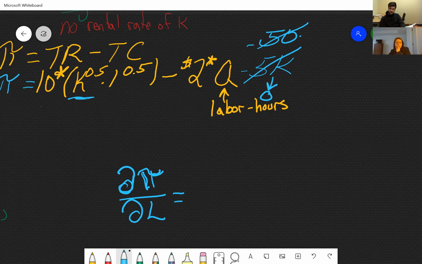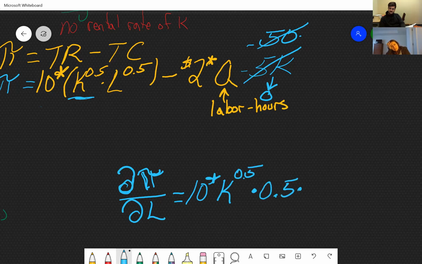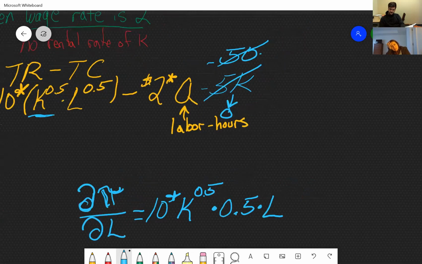And when it's attached to an L, like it is over here, then we just leave it alone. We just let it chill where it's at. So 10 times K to the 0.5 times 0.5 times L, and here's where it gets a little tricky, to the 0.5 minus 1.